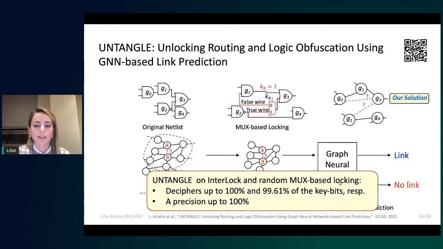Both of these use MUXes for locking, and UNTANGLE is able to decipher up to 100% and 99.61% of the key bits respectively, with a precision of up to 100%. We achieve this precision of 100% only by relying on the structure of the design. Again, all of the attacks we have developed consider the oracle-less threat model, which means that only by analyzing the structure are we able to break logic locking.